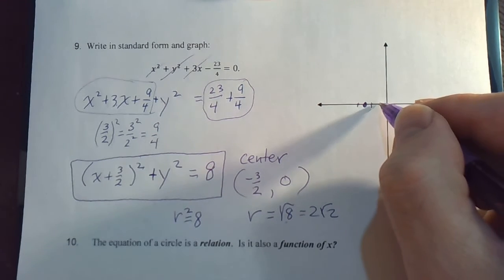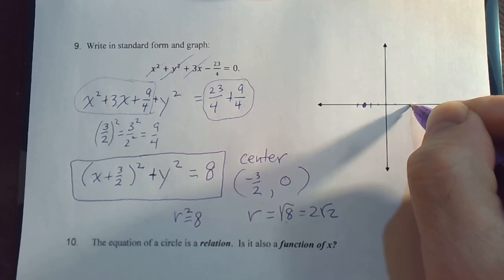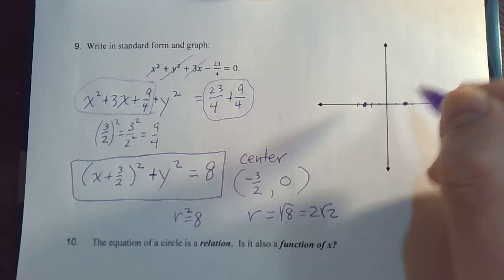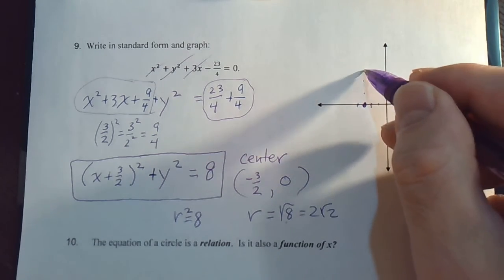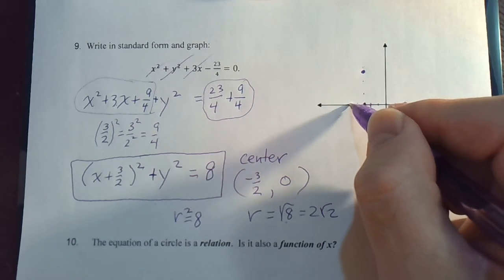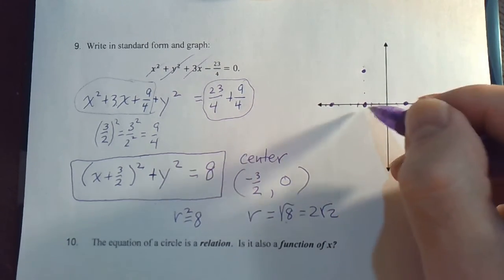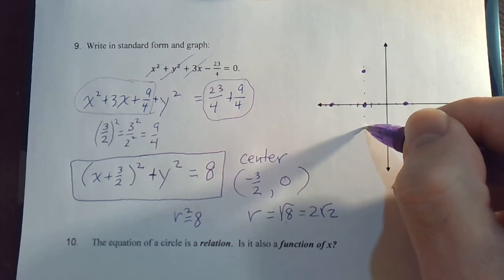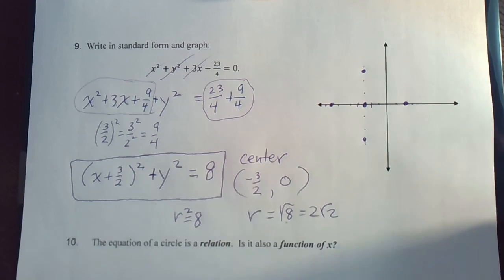So we need to go to the right, 1, 2, 3, a little bit less than 3. Go up, 1, 2, 3, a little bit less than 3. Go to the left, and go down, the same.